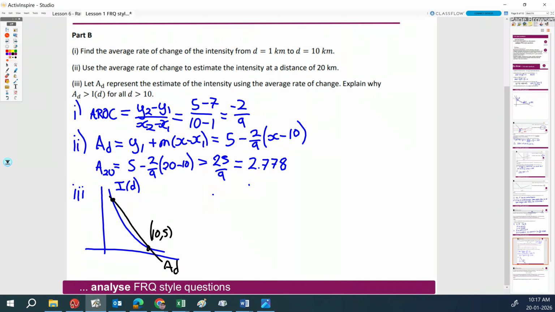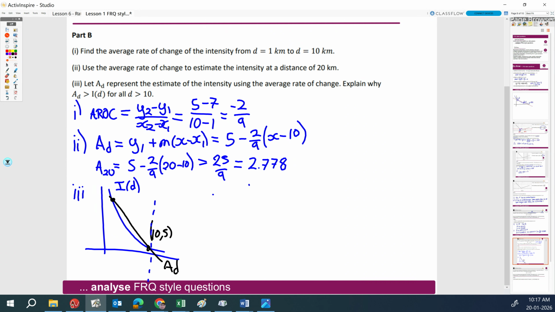It wants to know to explain why A of D is greater than I of D for all values greater than 10. It's not, it's less.